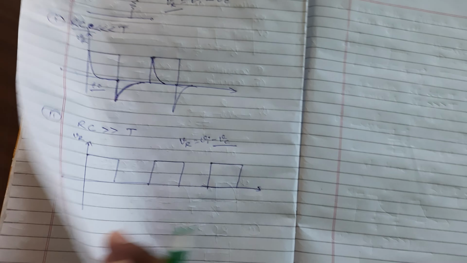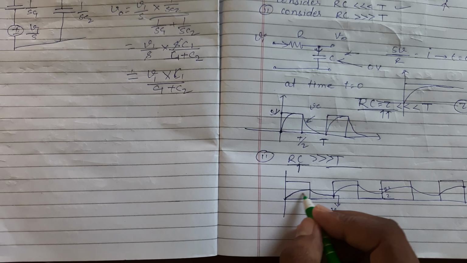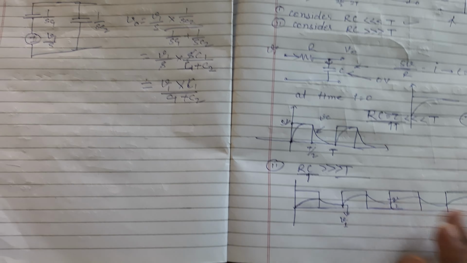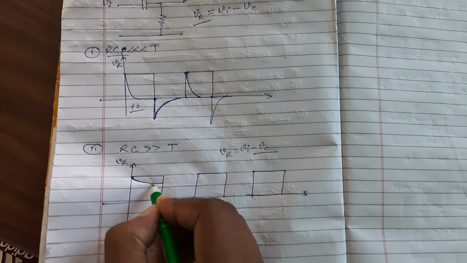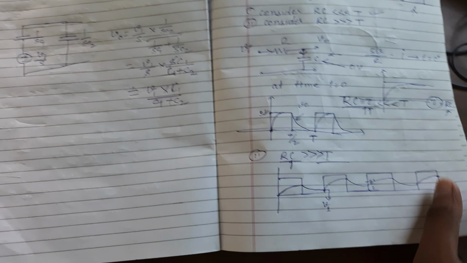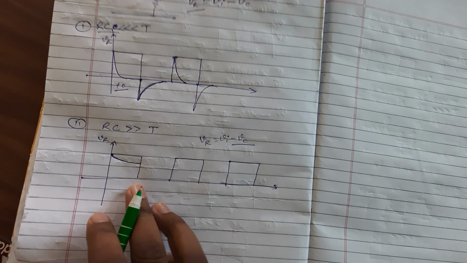We have already calculated the Vc, so we get 5 volt minus this value. It will initially start at 5 volt, and it will try to discharge, so it will go here, at t equal to T by 2.